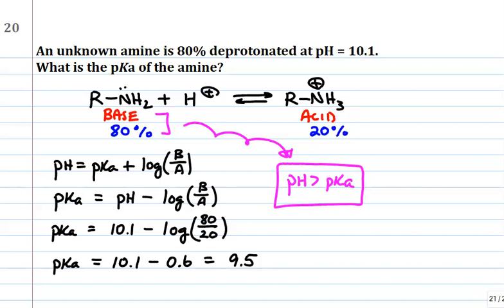You knew that to begin with. That's the only way you're going to have a greater amount in the base form. So you didn't know the exact number, obviously, but you knew that the pH 10.1 had to be greater than the pKa value you calculated, and that turned out to be true here. The pKa of this amine is 9.5, and of course that pKa is for the acid form, or the conjugate acid form, however you want to say it, of the amine.